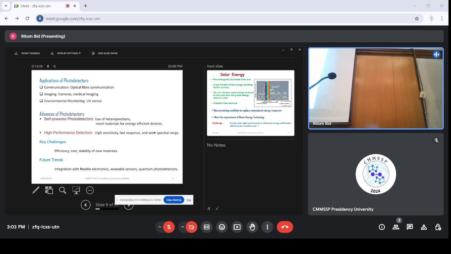That means we don't need any external bias voltage or power for the detection of incident light. You just illuminate it with light and you get the current. And obviously the sensitivity has to be higher, the response has to be fast, and it should detect a wide spectral response. That is the target, and that is the challenge. It must be cost-effective, efficient, and stability is another issue for the development of the materials.